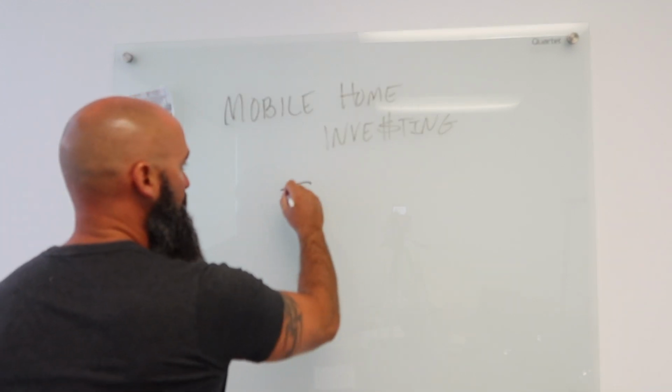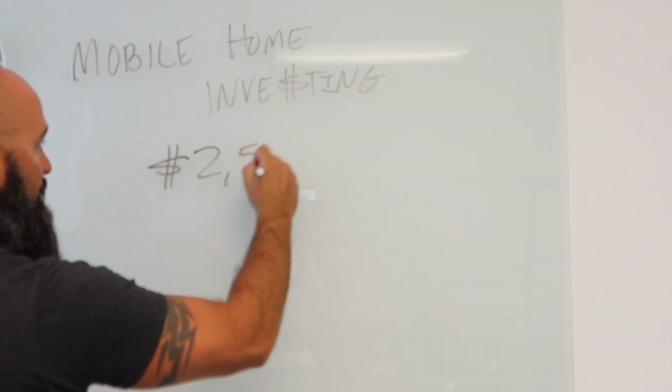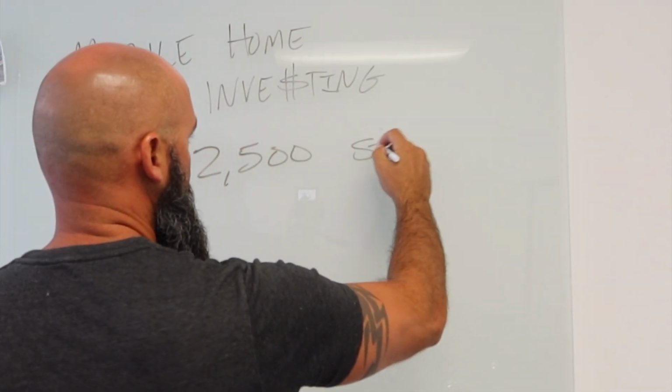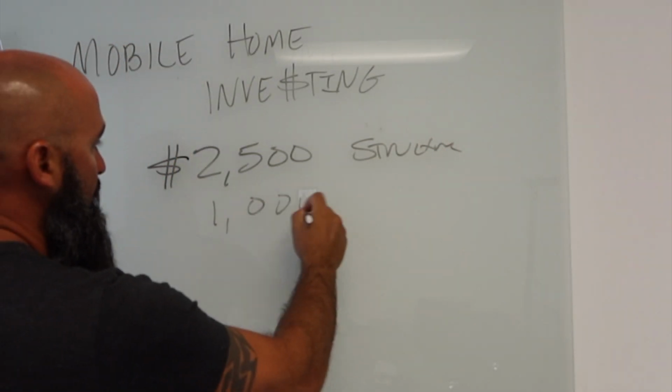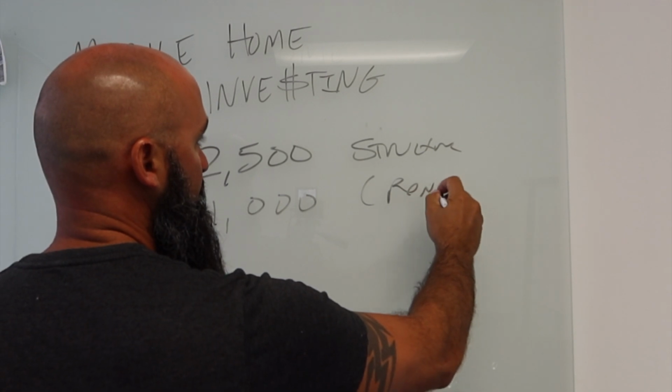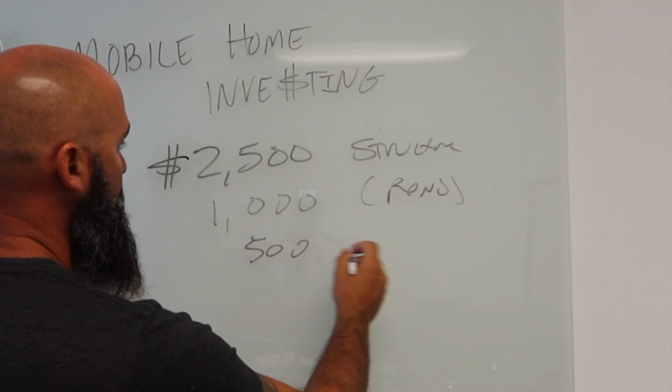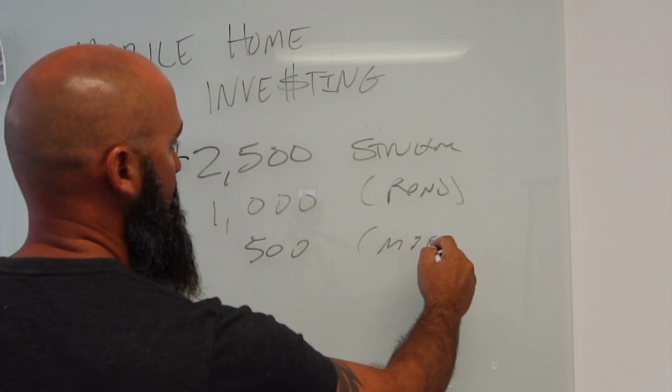So let's just break down the cost of the structure as well as repairs and expenses so the investor knows the total out-of-pocket investment. So for example, if we pick up the structure for $2,500, let's say it's $1,000 of renovation, and then let's call it another $500 for miscellaneous.